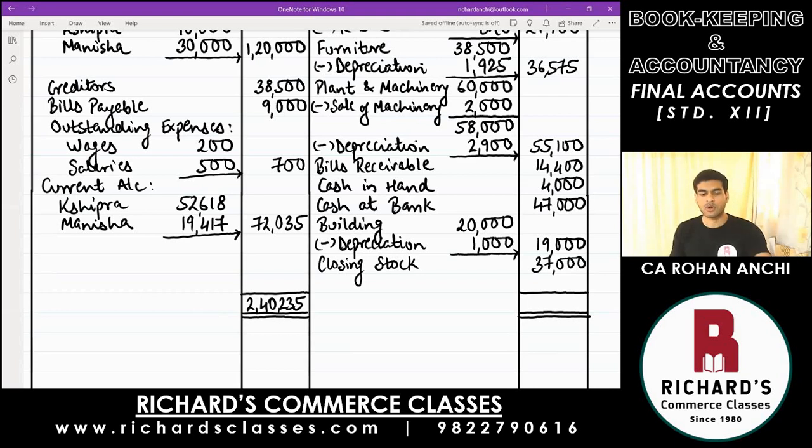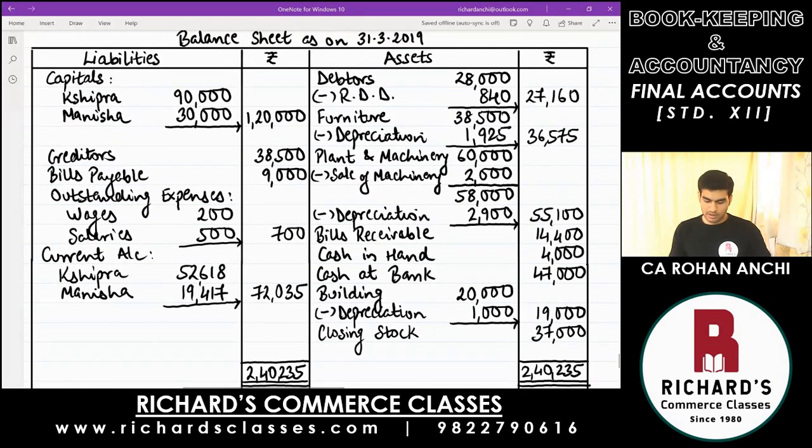Okay. What about the assets? Asset side total is the same, 2,40,235. And that's it. Your balance sheet has tallied. Both assets and liabilities have the same total. Now your solution is complete.